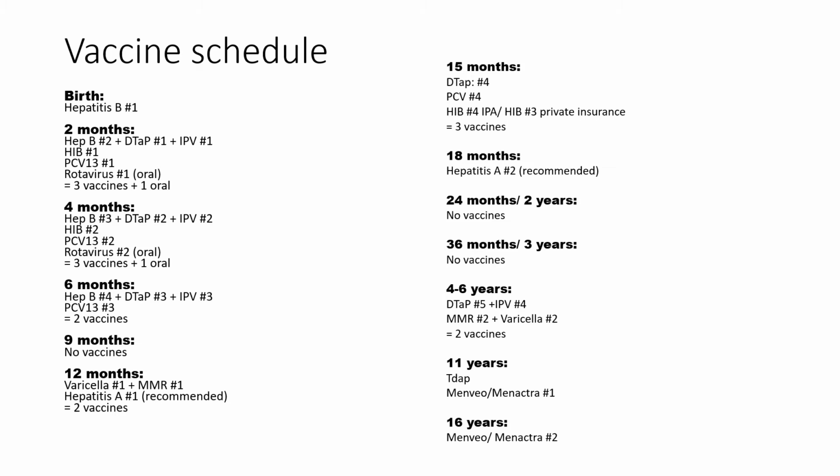Then we hit up the vaccine schedule. So typically all kiddos, when they're born, at birth, they get the hepatitis B vaccine, their first dose, unless the parents have declined that vaccination, in which case you would give it when they see you for their first office visit, usually within 1 to 2 weeks of their birth, and typically even sooner than that, usually within about 3 days of their birth.